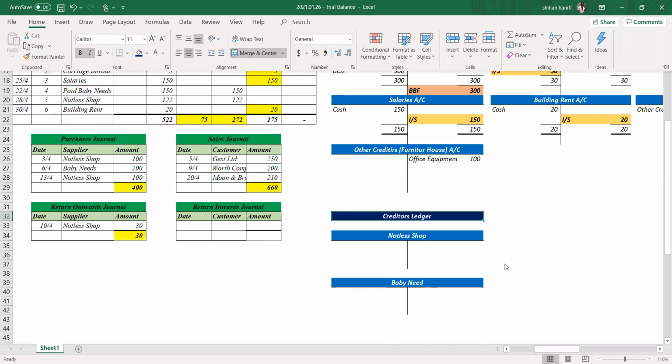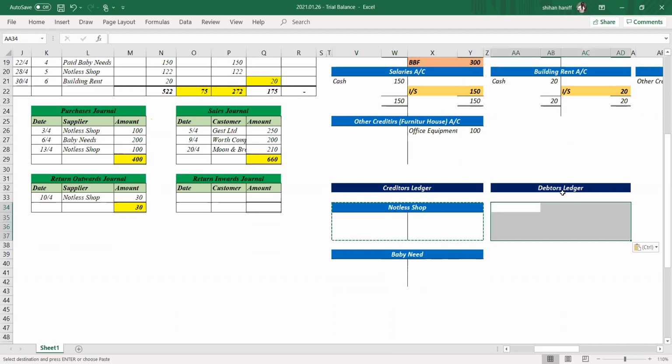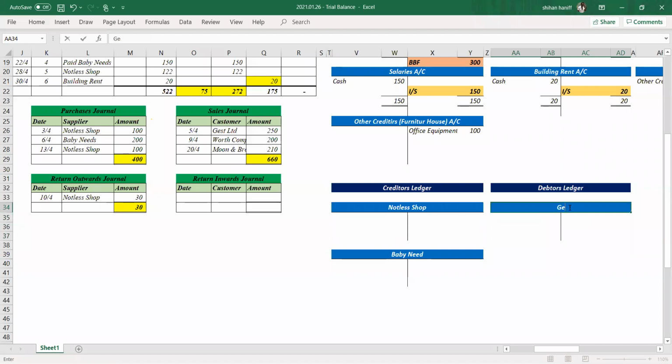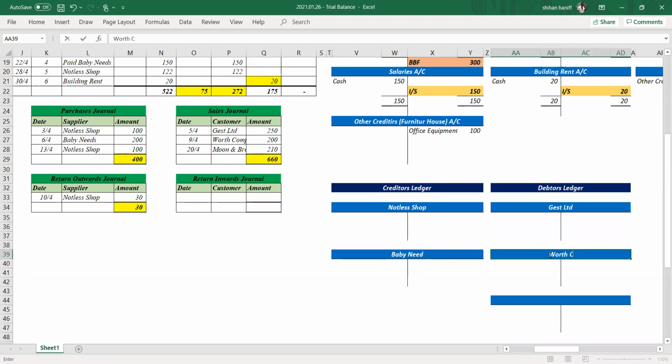Then we have debtors ledger. There are three customers: Guest Limited, Work Company, Moon and Brothers.